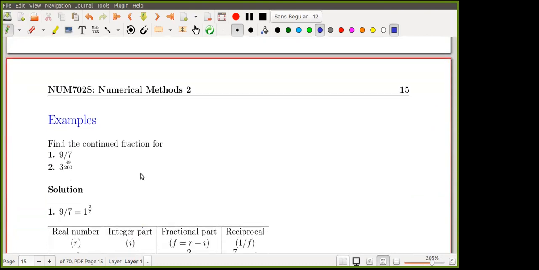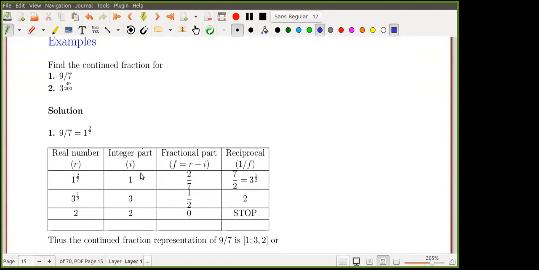So let's look at a few examples. First of all, we have 9/7, and we have the mixed fraction written in this form. So how do we write 9/7 in the form of a mixed fraction? 9/7.